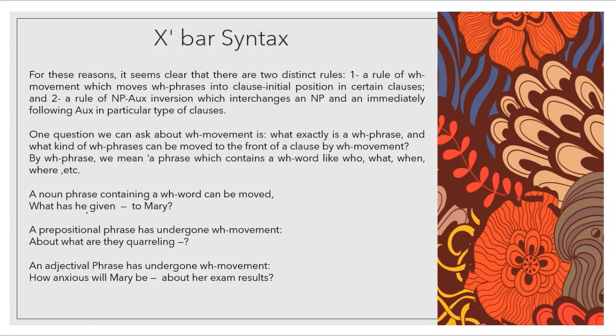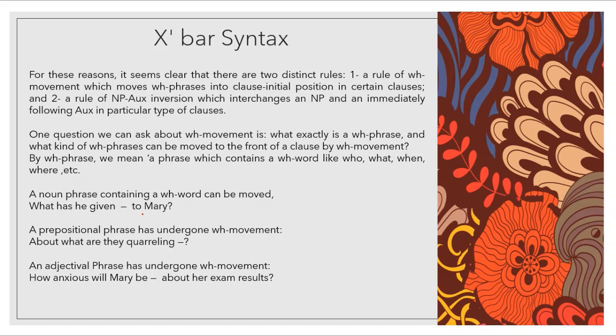What has he given to Mary? Originally the sentence was he has given what to Mary? He has given his car to Mary. He has given love to Mary. He has given what? His promotion or the promotion or whatever to Mary.